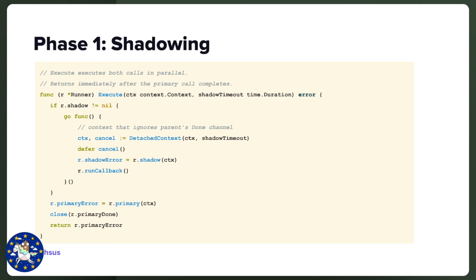And once that is done, then we can run the callback method. And in the callback method, we can compare the responses from both the backends. So this still does not affect our production latency, and we can still compare the responses from both the backends and ensure that the new system is working as expected.